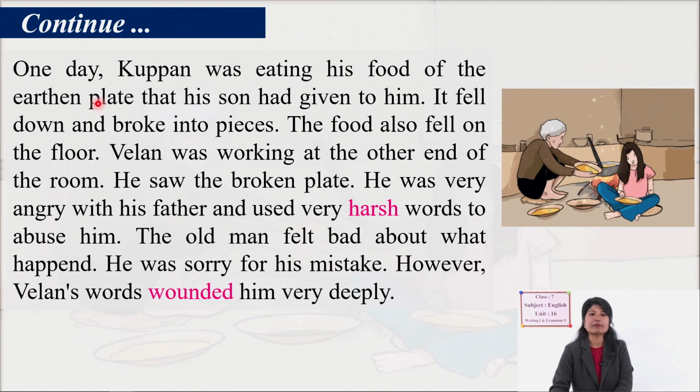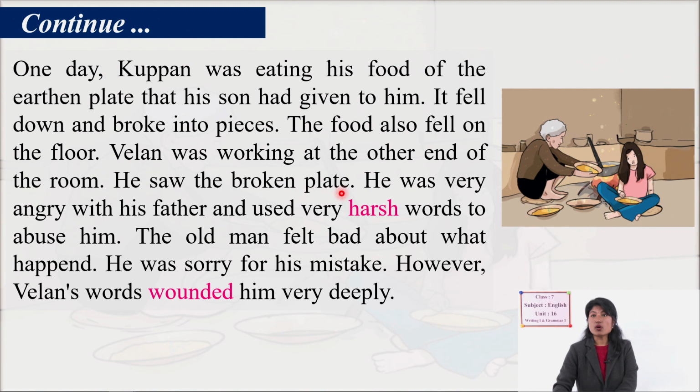Okay, next. In next paragraph, one day Kapan was eating his food off an earthen plate that his son had given to him. It fell down and broke into pieces. The food also fell on the floor. Velen was working at the other end of the room.